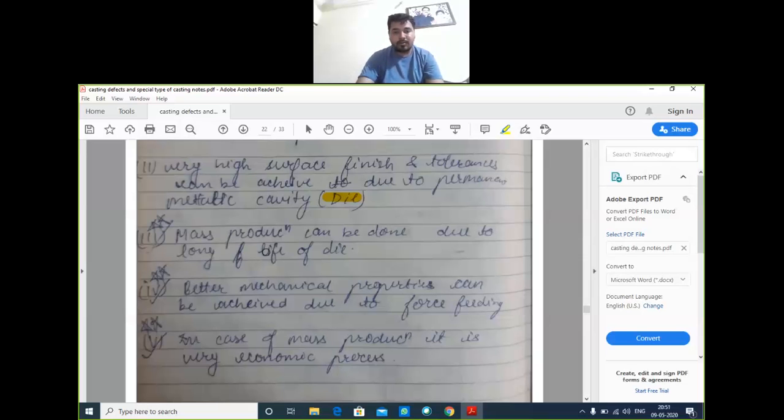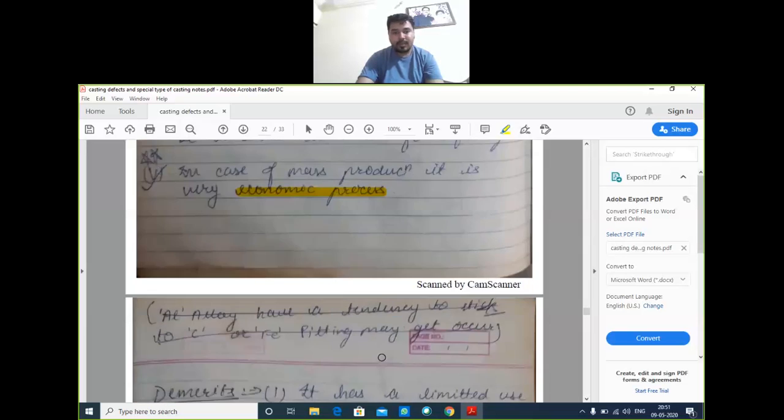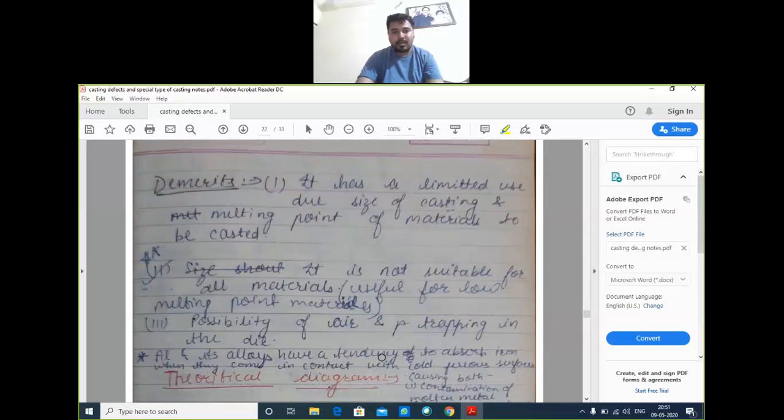In mass production, it is a very economic process. If we want to do mass production, we prefer the permanent die casting process because it is economic. There are some demerits too. It has a limited casting size.